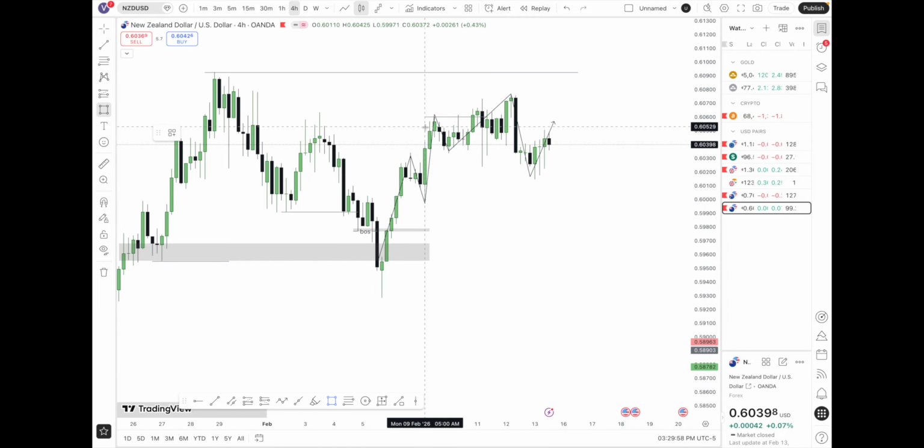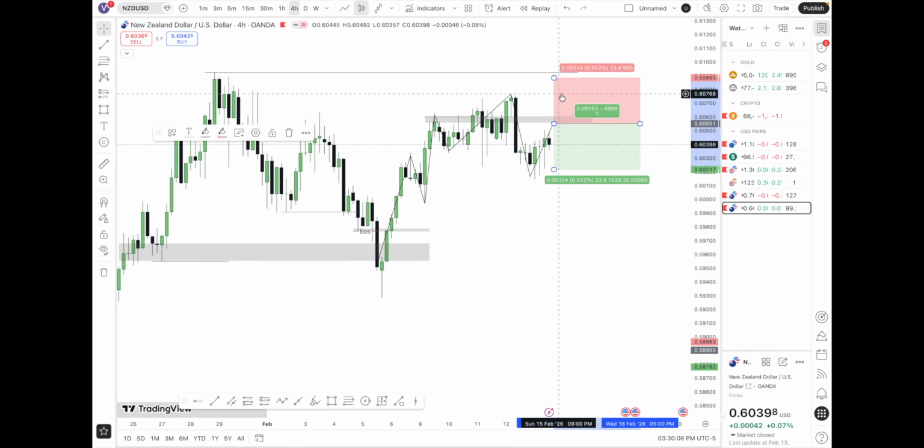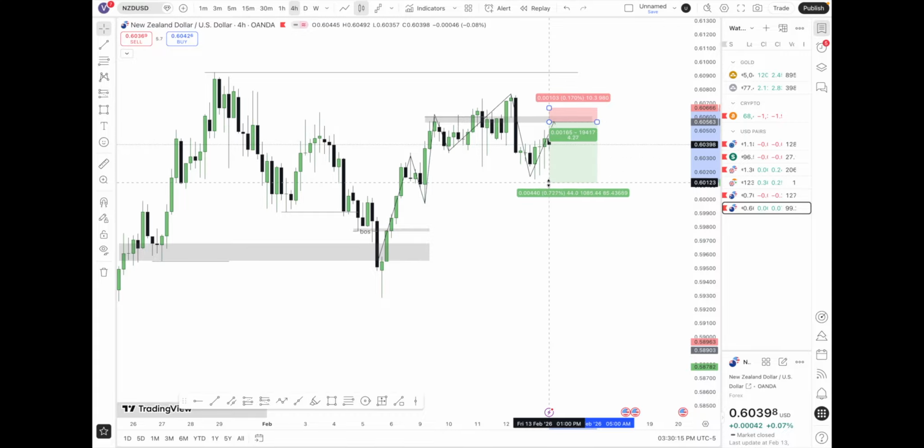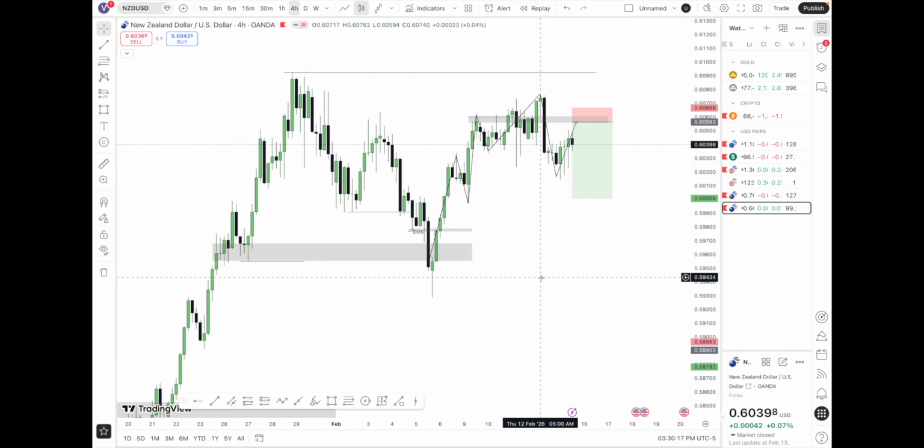So I think there will probably be selling from this area, this supply zone, and it will continue towards the downside.